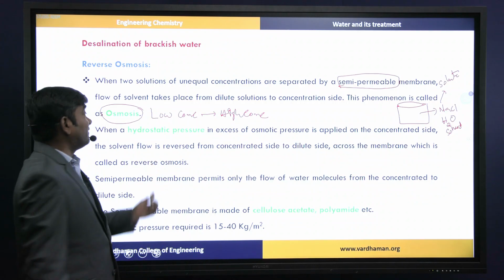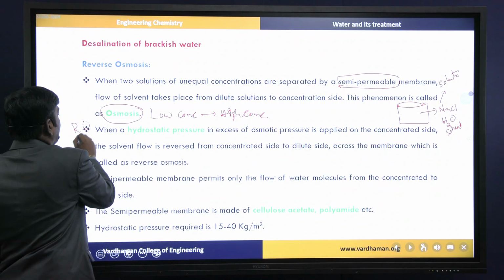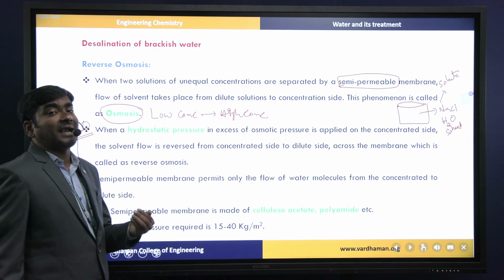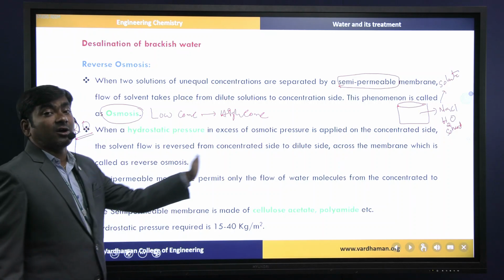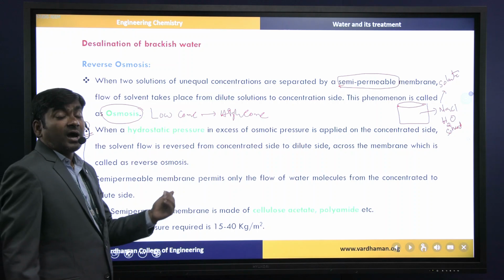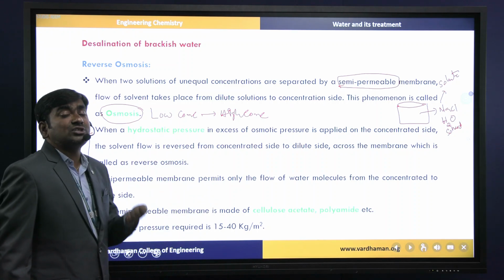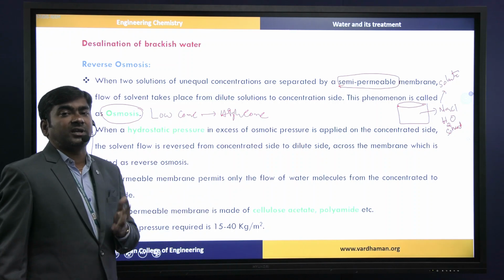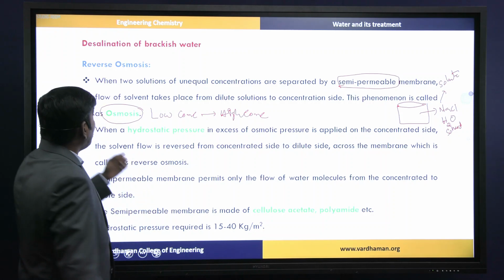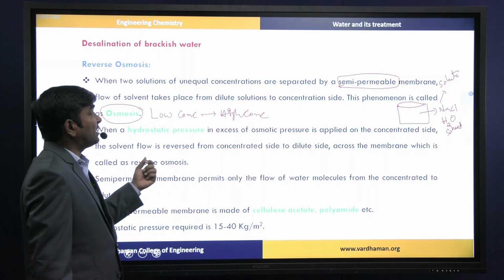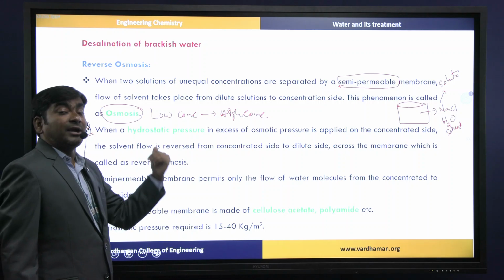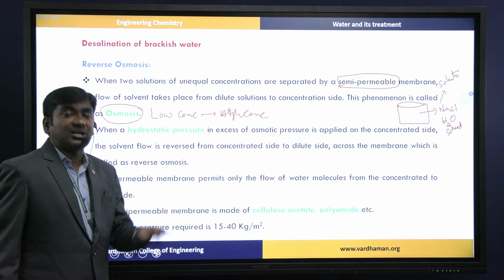Coming to reverse osmosis, RO, if we apply hydrostatic pressure towards the high concentration side, which should be greater than osmotic pressure, then instead of osmosis, where movement of solvent takes place from low to high, we are applying hydrostatic pressure greater than osmotic pressure.